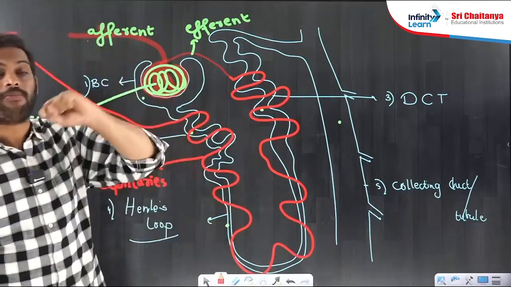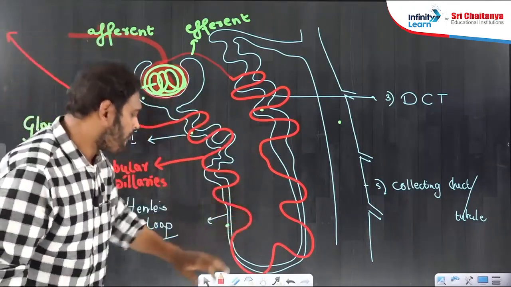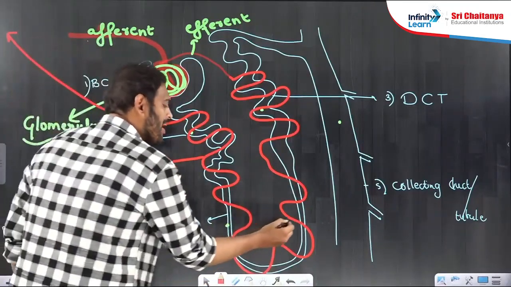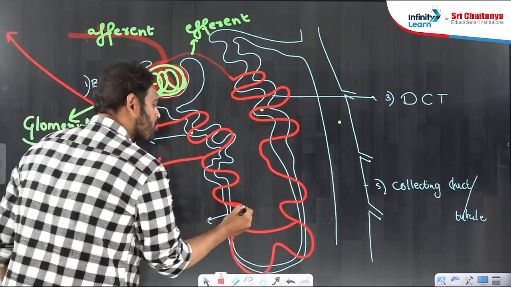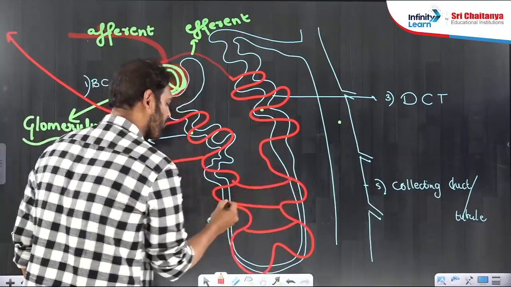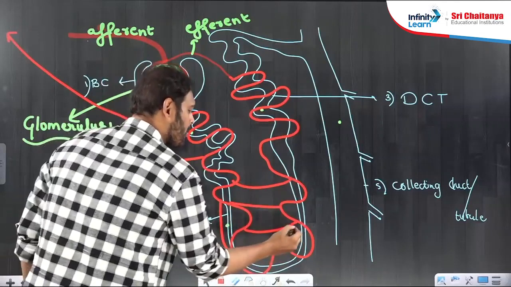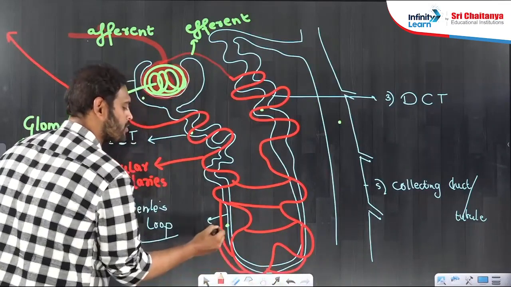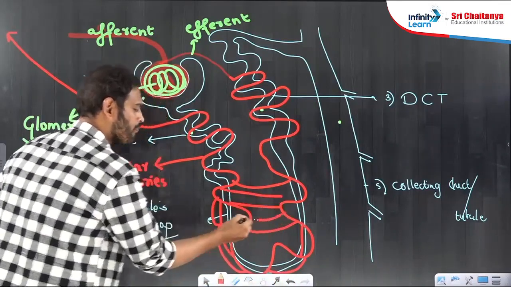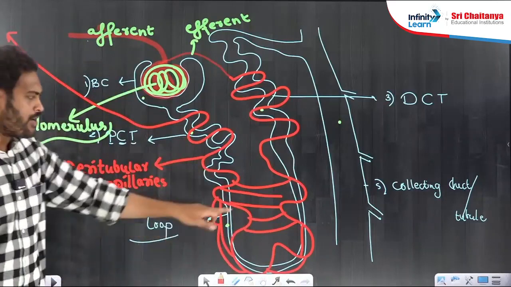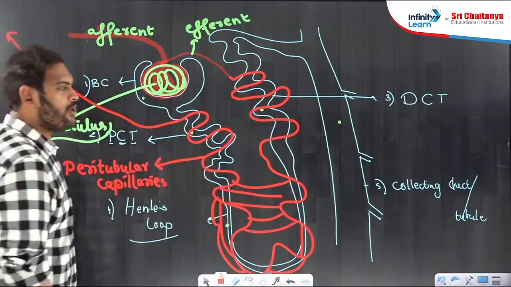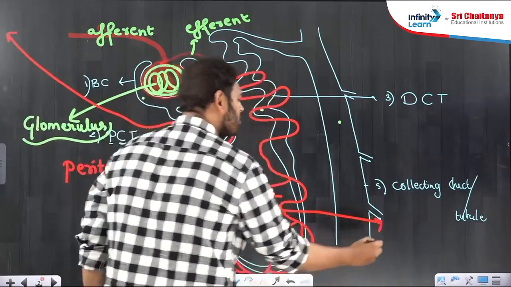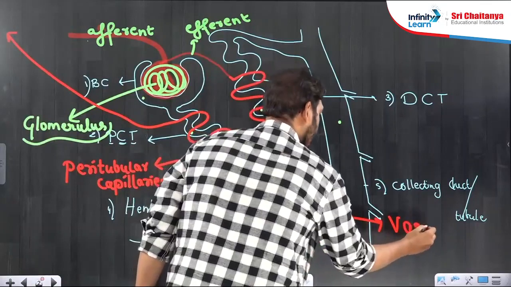But at the same time, near loop of Henle, these peritubular capillaries will form a network-like structure like this. This network-like peritubular capillaries adjacent to loop of Henle is called vasa recta.